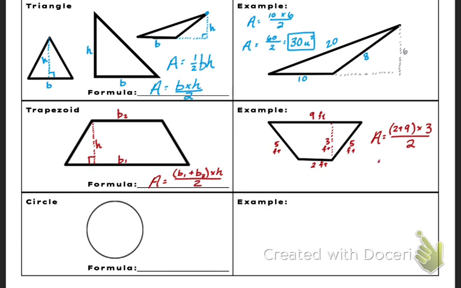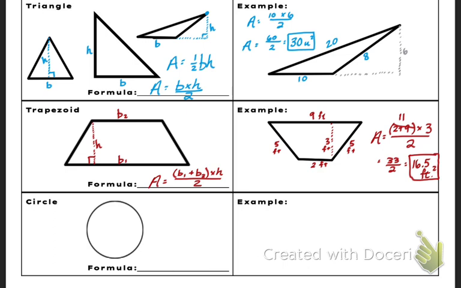All right, so we take 2 plus 9, which is 11. 11 times 3, that's 33, and divide by 2. So we're going to find our area here to be 16.5, and our measurements in feet, so we label this as feet squared, or square feet, for our trapezoid area.